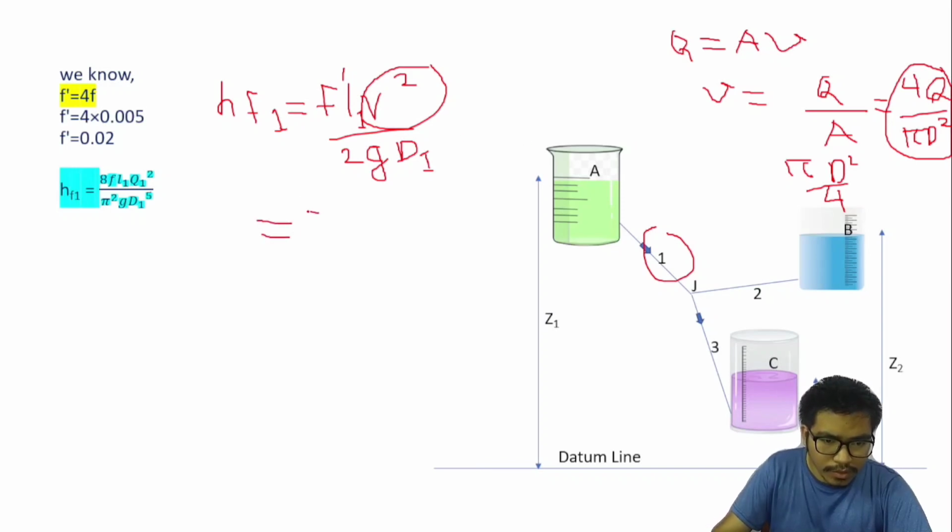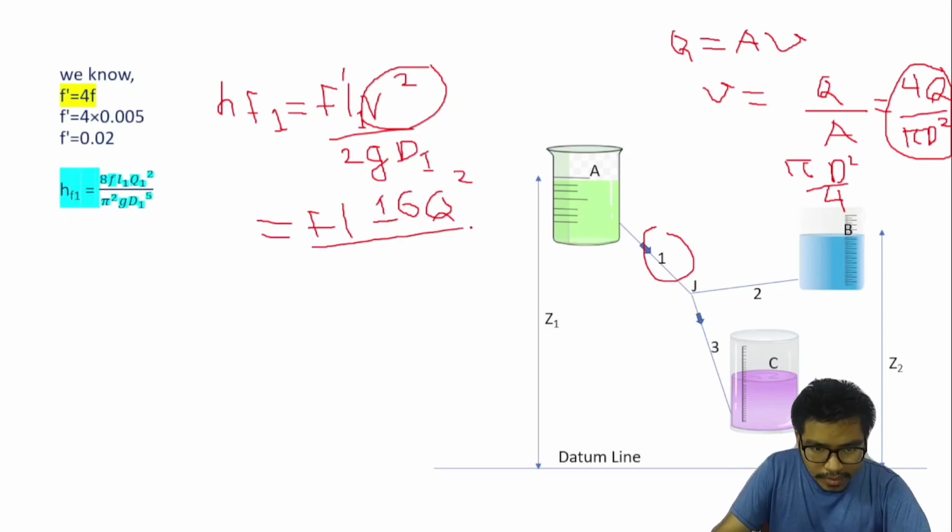It becomes f L V square, V square means 4 square, that is 16, and Q square divided by 2 g d, and this pi d square.